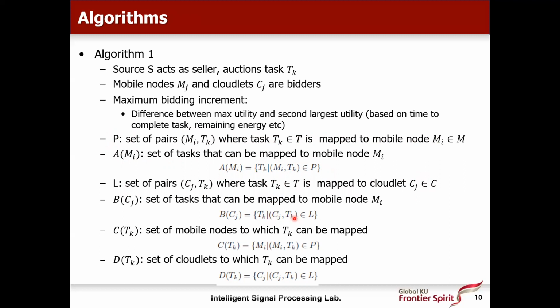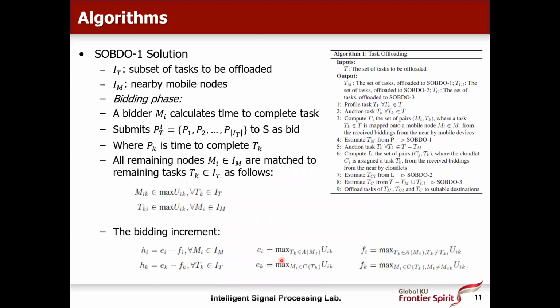So where the cloudlets and tasks are matched, that goes into this L set. And then out of this L set, if you take all the tasks that belong to that set, that creates another set called BC. And then CT is the set of the mobile devices that are in P, and DT is the set of the cloudlets that belong to the set L.